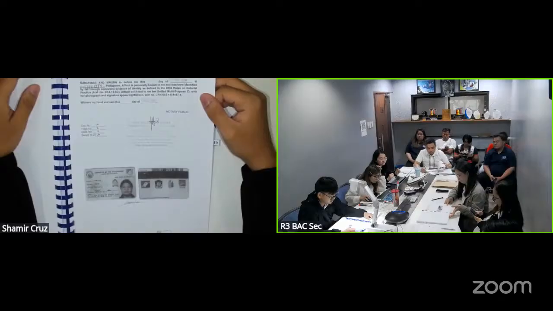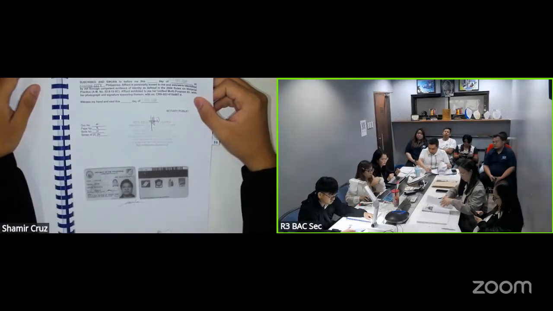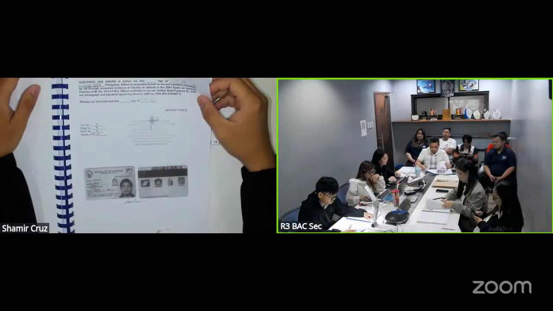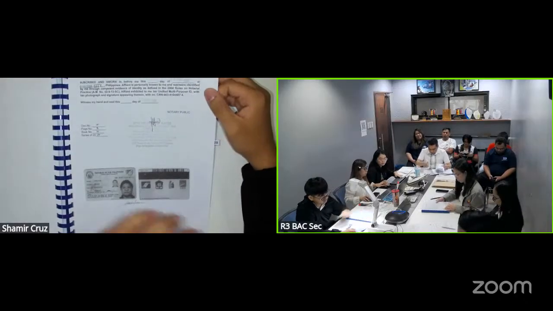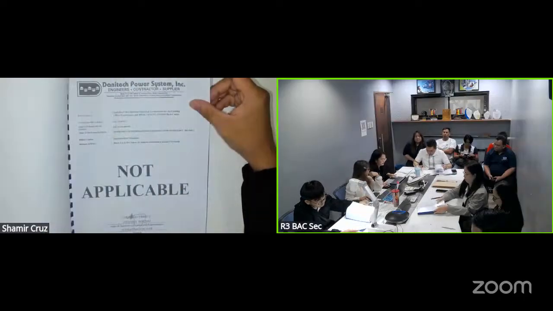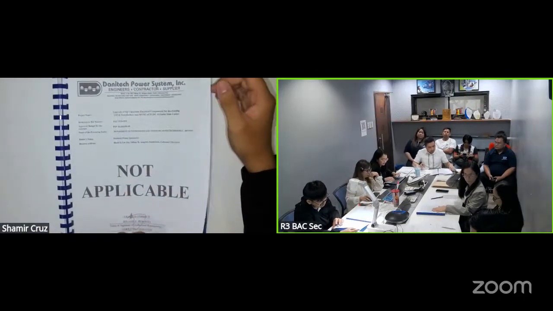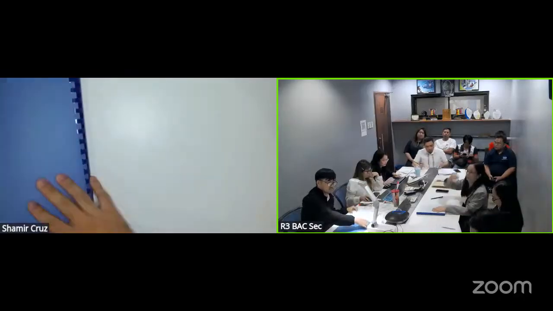Okay, it is also duly signed. So the omnibus sworn statement is rated as passed. Next is for foreign bidders, not applicable.